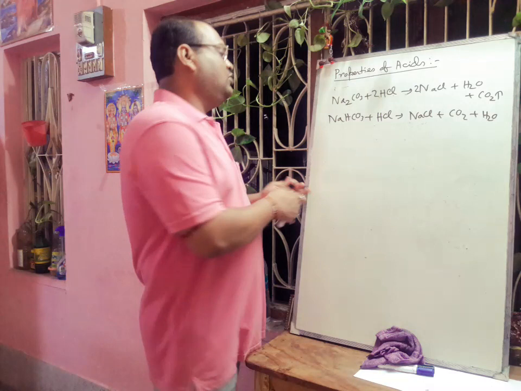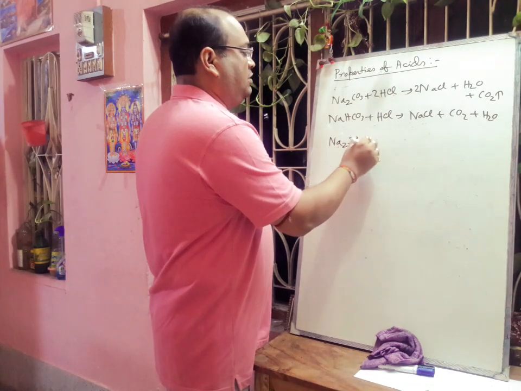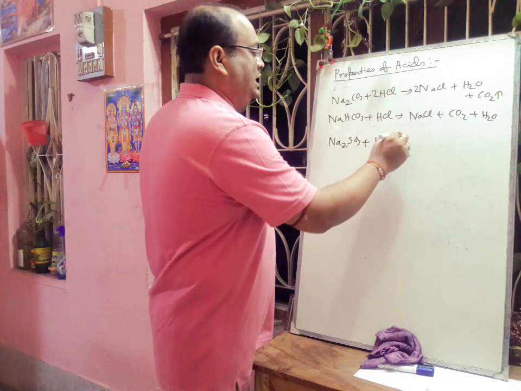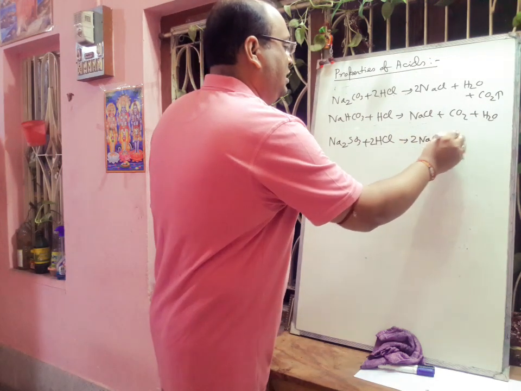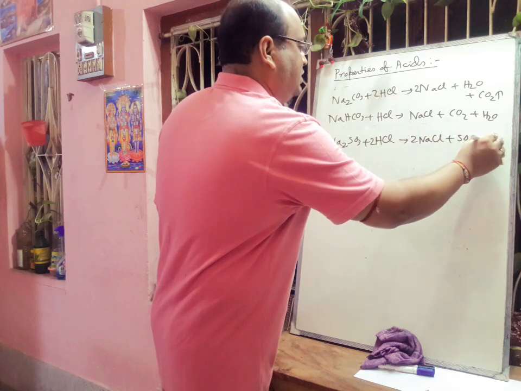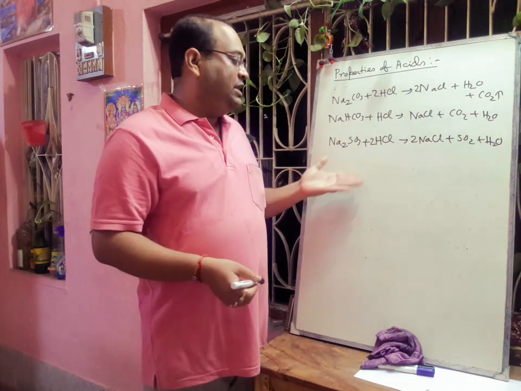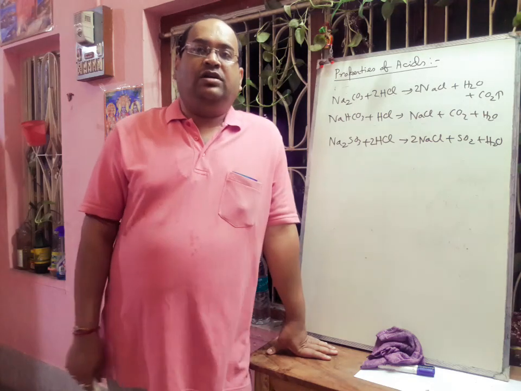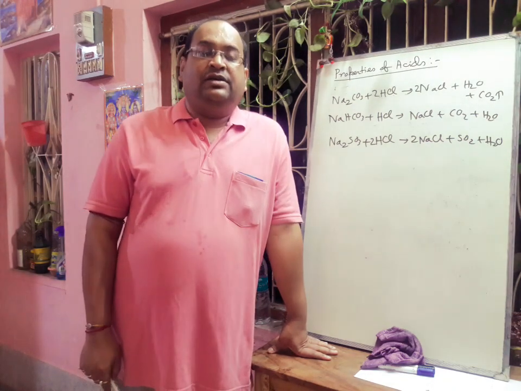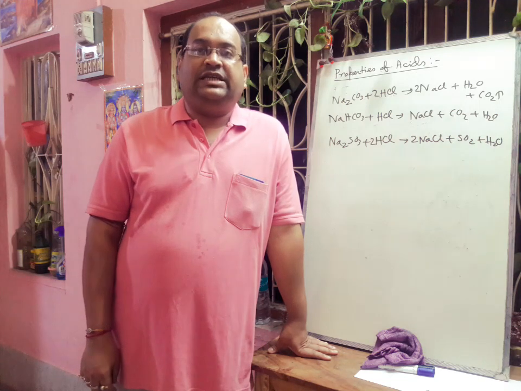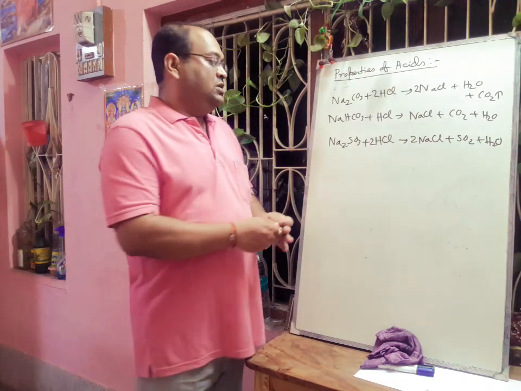First we take sodium sulfite, Na2SO3, that will react with acid HCl, forming 2 NaCl plus SO2 plus H2O. In this way, if we take bisulfite also, the same thing will happen. But if we take metal sulfide, it will react with acid to form salt and hydrogen sulfide gas.